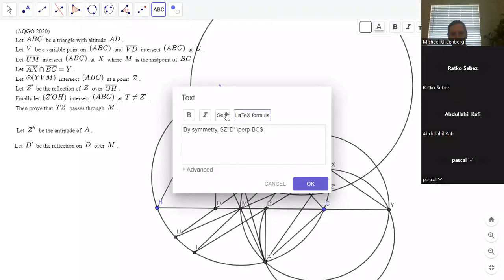And that implies that angle Z double prime XY equals 90, which means that Z double prime D prime XY is cyclic.